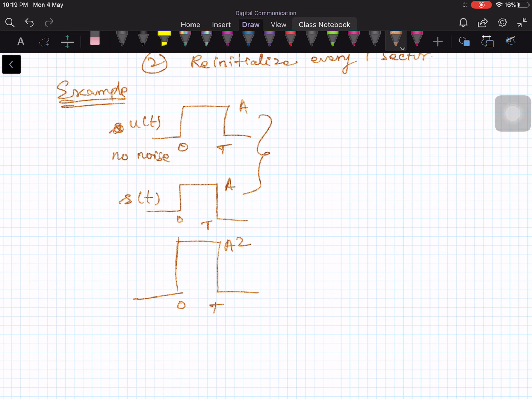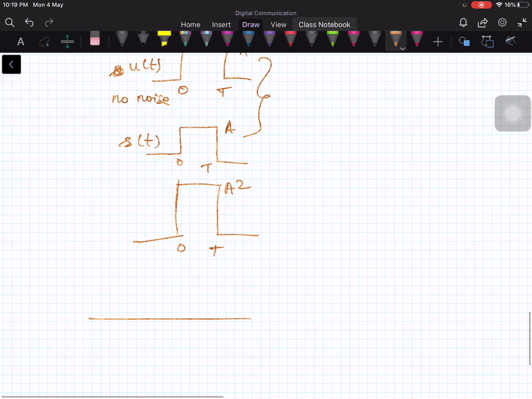After multiplication, you do the integration. So up to this point the integral output is 0, 0, 0, and it starts slowly rising, and it goes like this. This is the output of the integrator.